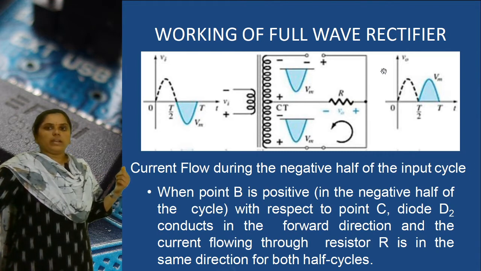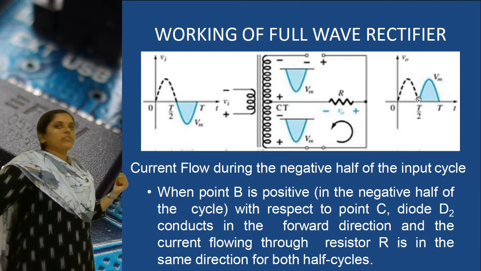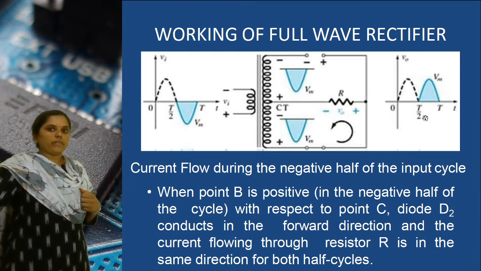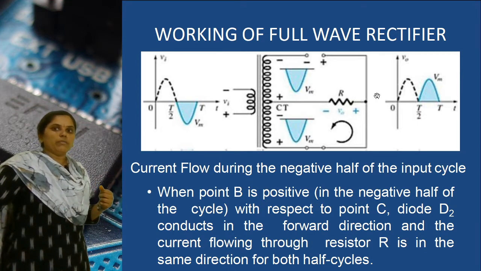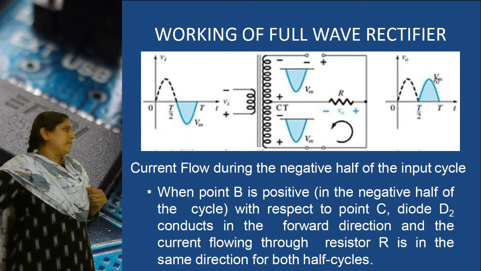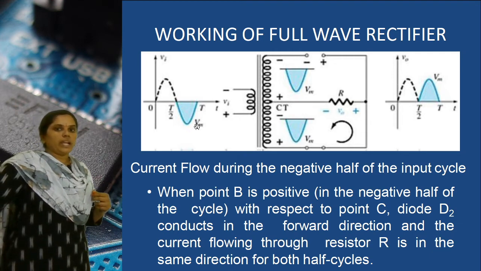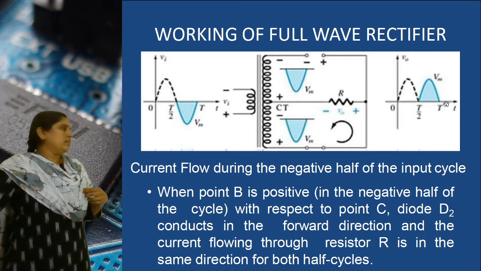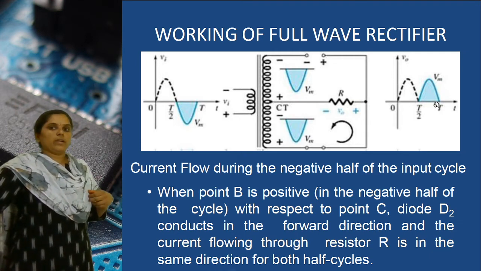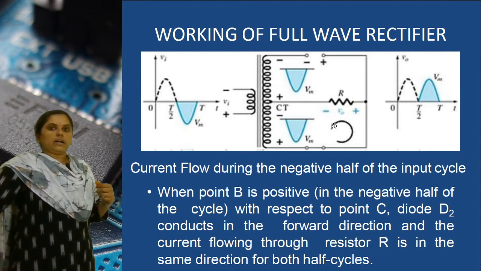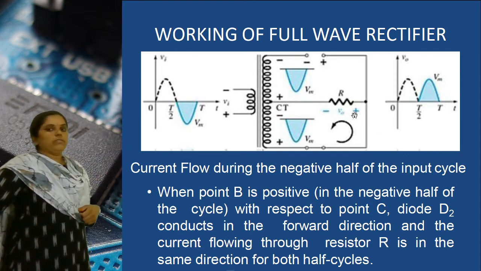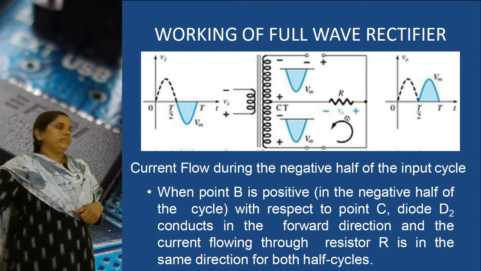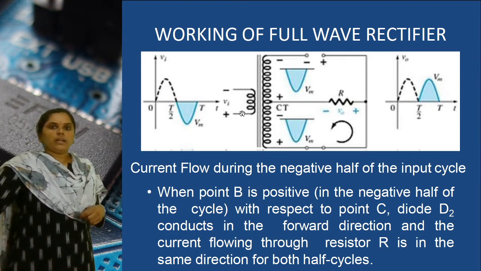Here it eliminates the drawback of the half wave rectifier. In the half wave rectifier, when we apply the negative voltage, we get 0 voltage. But here, when we apply the negative voltage, we also get the output voltage. So this is the working of the full wave rectifier. Is it clear? Next.